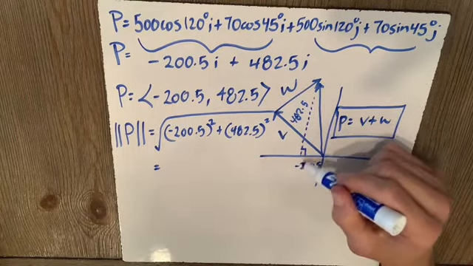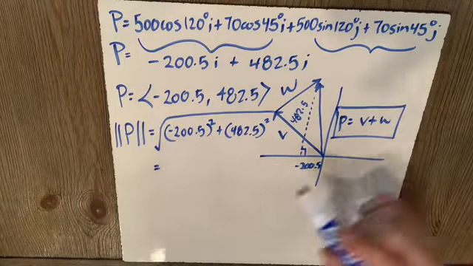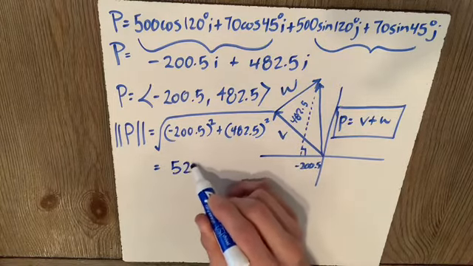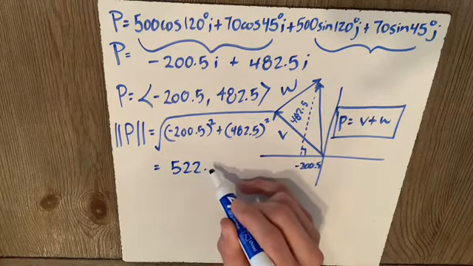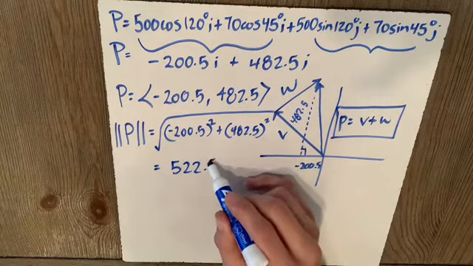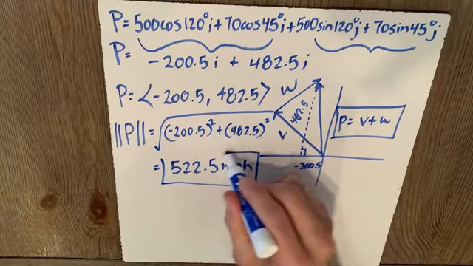Of course, we were expecting negative, positive based on our picture. Now, when you crunch the numbers, and of course, this would be a calculator, we get about 522.5 miles per hour.